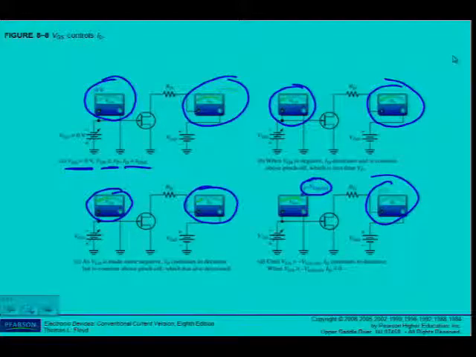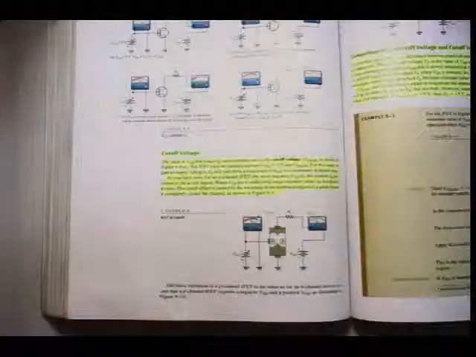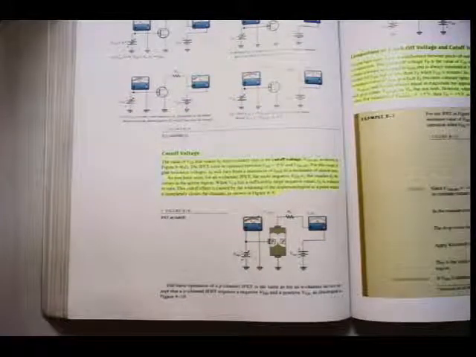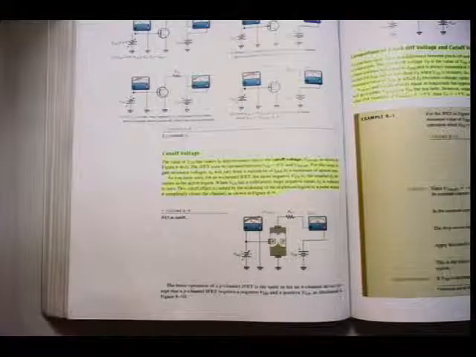That brings us to the point on page 374, cut-off voltage, just below figure 8.8. The value of VGS that makes ID approximately 0 is the cut-off voltage, VGS off, as shown in figure 8.8D.